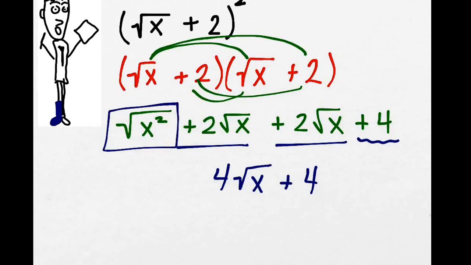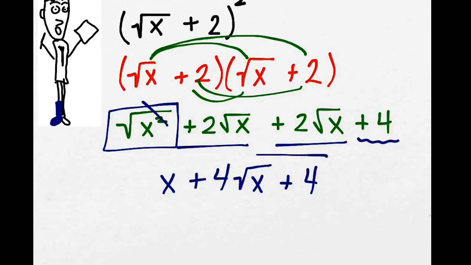Okay? Now, here's the magic that happens when you have the square root of something squared. What happens is the square root kills that squared term. Okay? So these things will cancel, and that just leaves me with an x at the beginning.